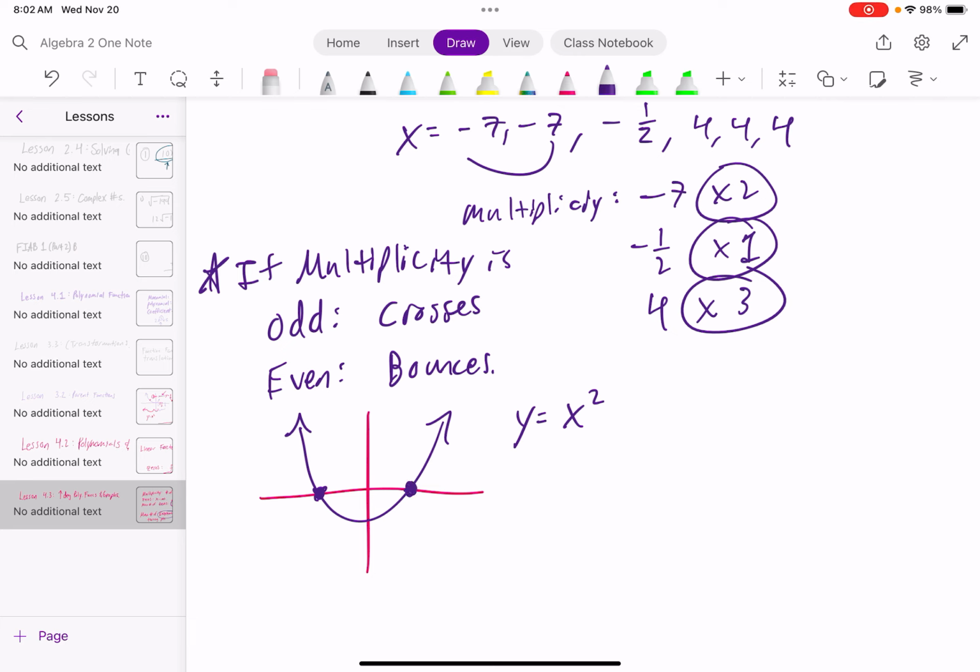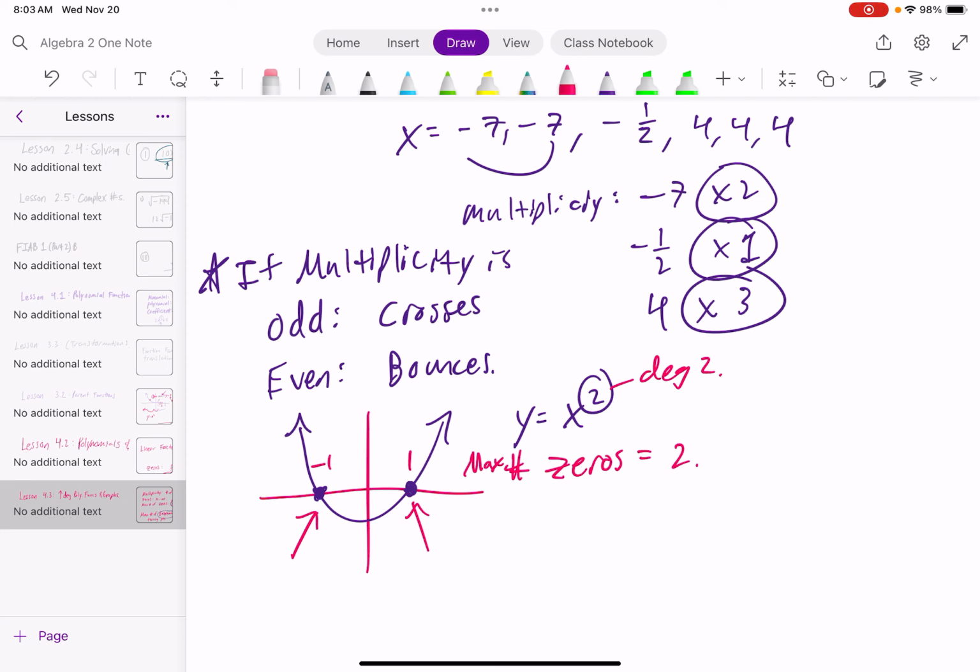And you're allowed to have up to the degree of the function number of zeros. Here, the degree is 2. So you're allowed to have how many zeros? The max number of zeros is 2. And here we have it, 1, 2. But because these are different, like let's say the x-intercepts are at negative 1 and 1, the multiplicity for each is 1.